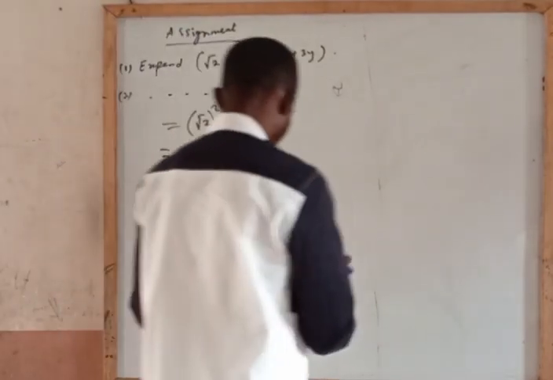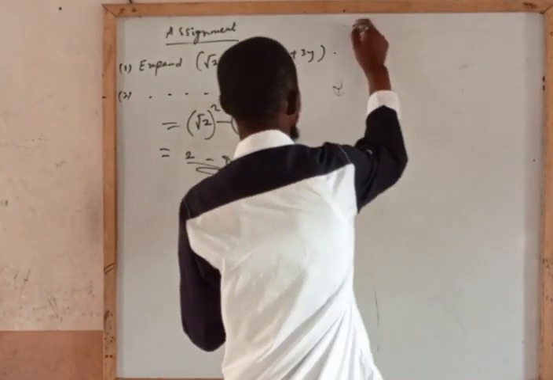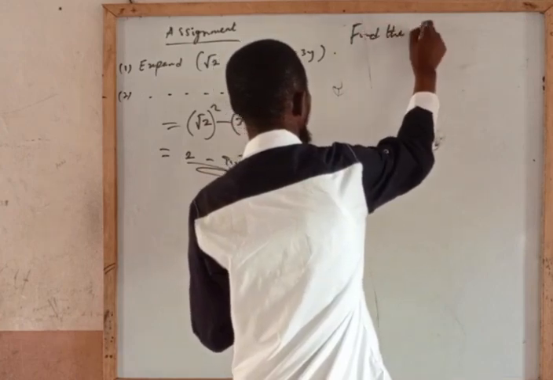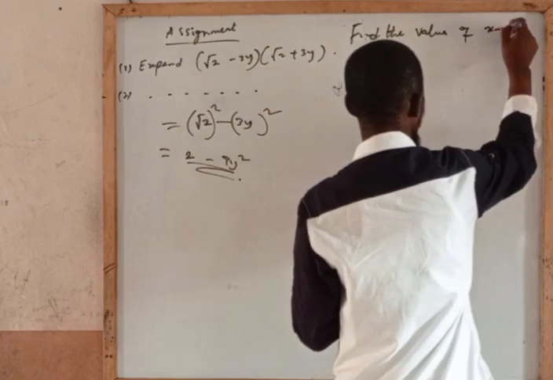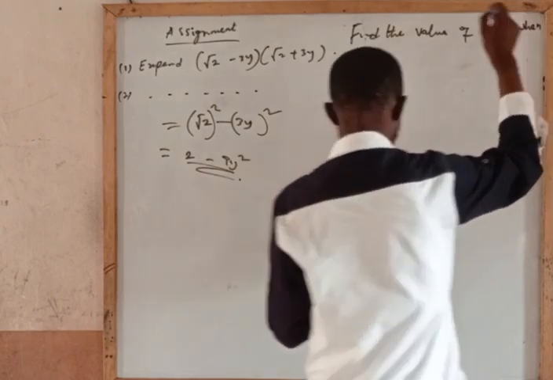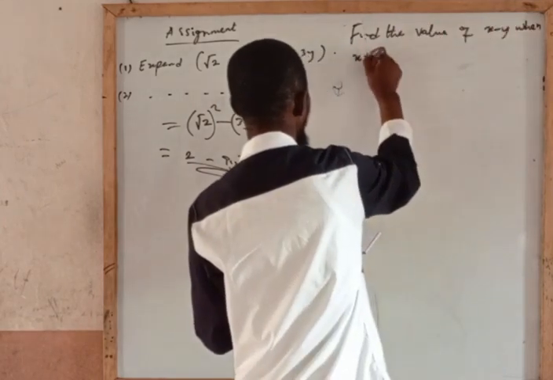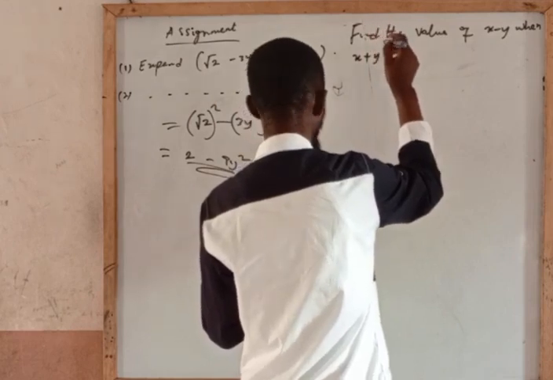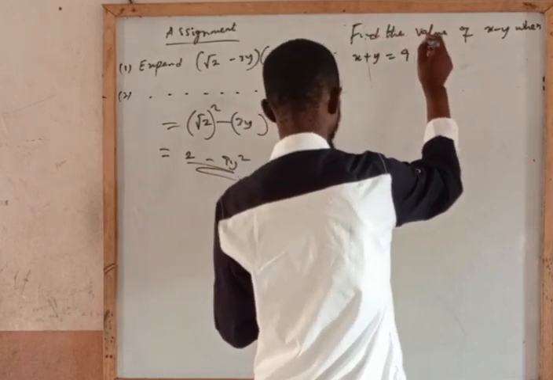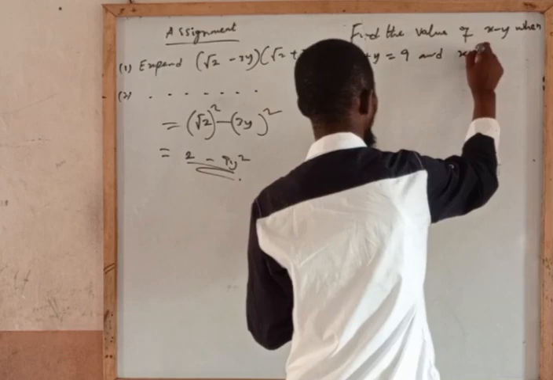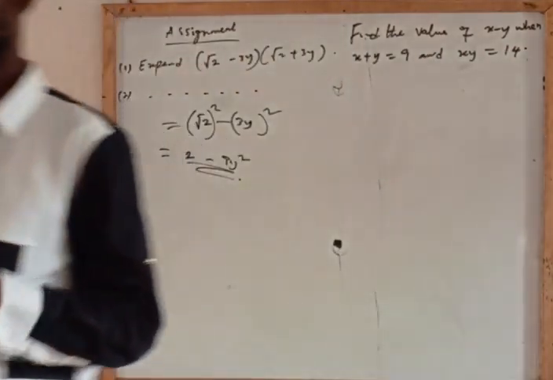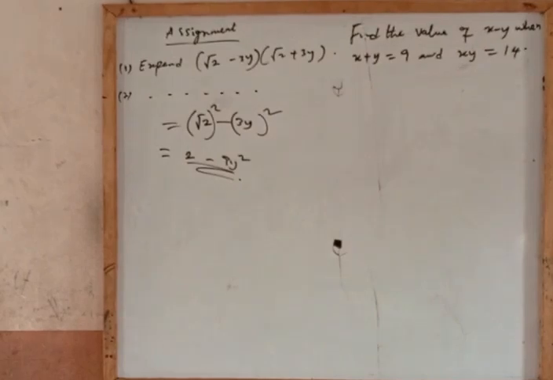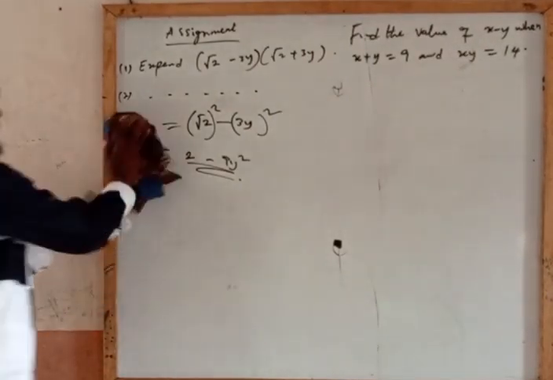Number one: find the value of x minus y when x plus y is equal to 9 and xy is equal to 14. That's the first example we are going to be talking about today.